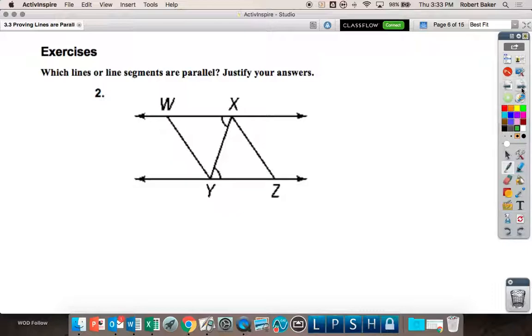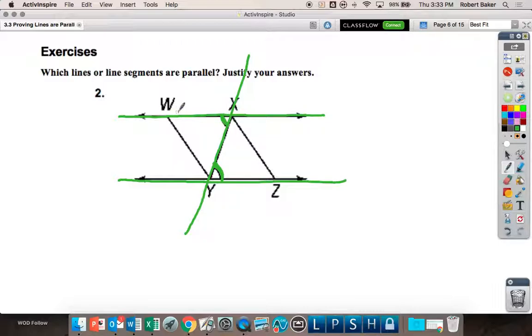I'm asking you to justify which 2 lines are parallel. Line WX, line YZ. So you're saying that this line is parallel to this line. If I trace this angle right here, it's connected to this green line on the bottom and the line shooting through. If I trace the top angle, it's connected to the top line and the line shooting through.